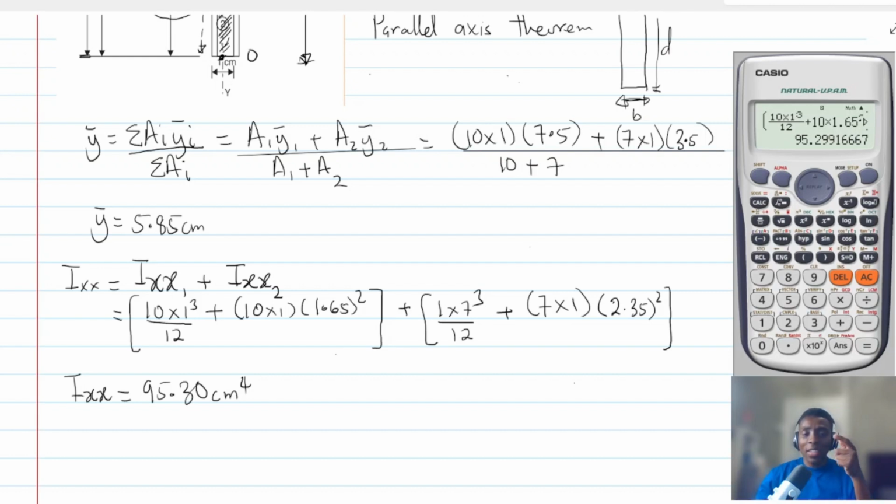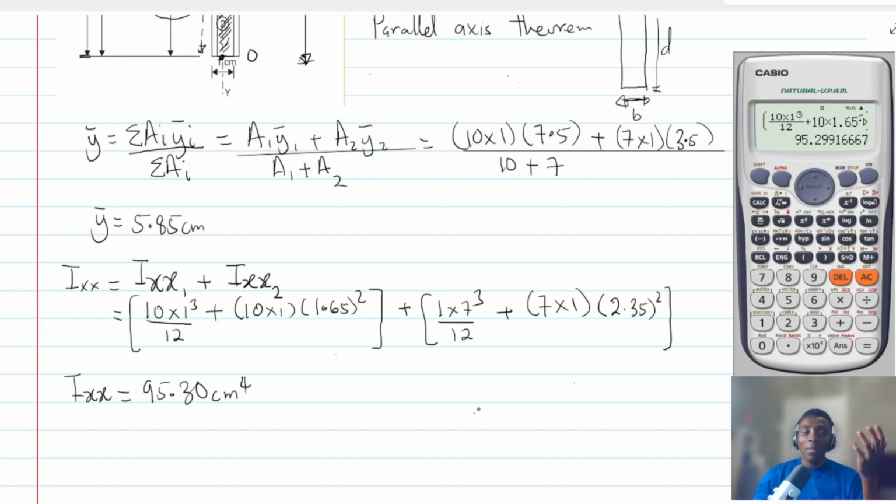So let's again do the y. Why are we doing this? First of all, you calculate the x and then you calculate the y. After that, you look at the least, because the least moment of area will give you failure first.